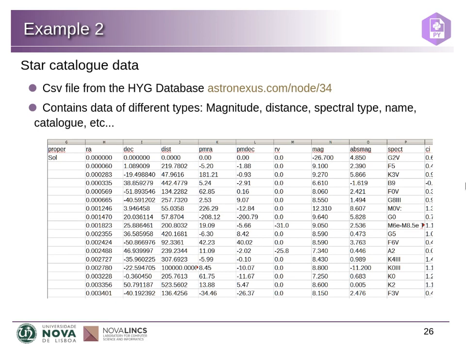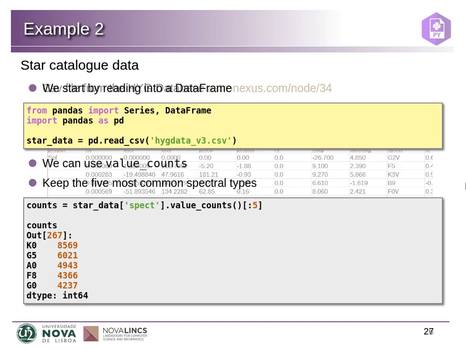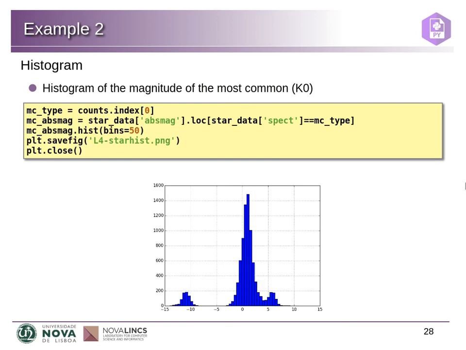I want those values for the stars that have this spectral type. So from this column, I only want the rows where this is true. And this condition goes to another column of the table, checks the spectral type. So I get the absolute magnitude of the K0 stars, only those. And this is also a series, with the absolute magnitude of the K0 stars.